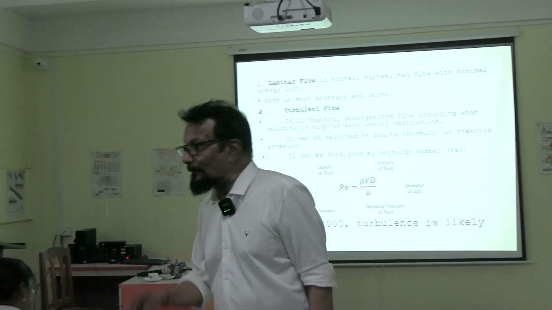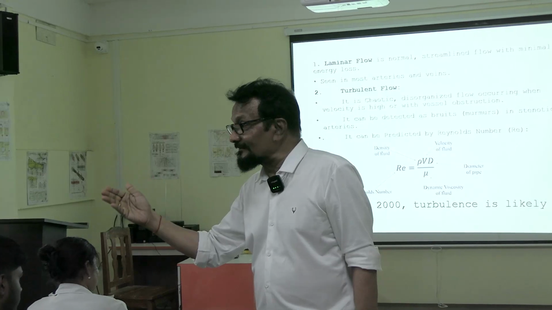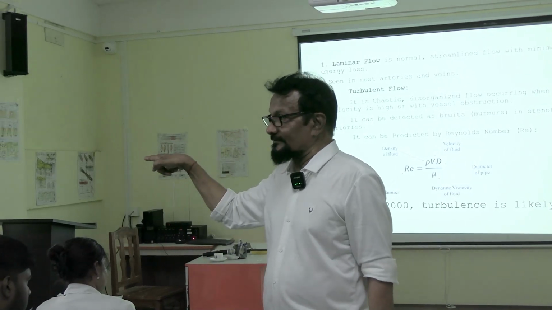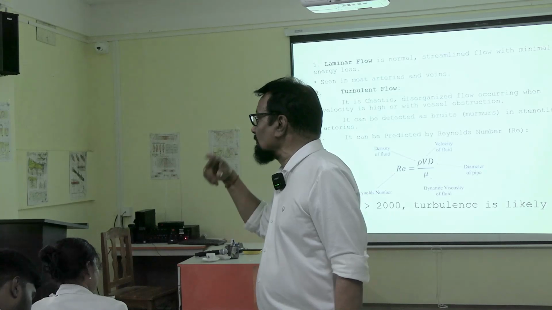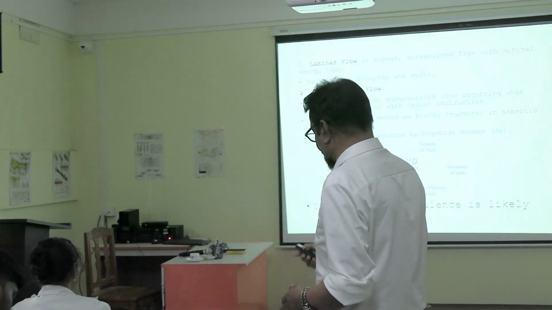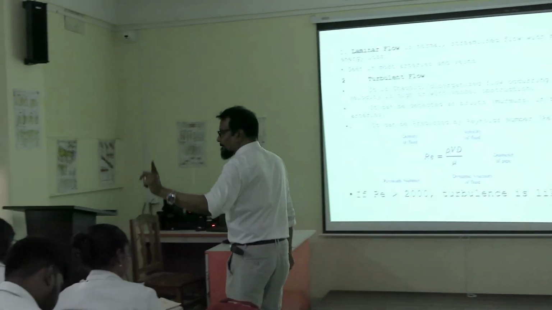And if the number is more than 2000, there is a chance of turbulence. The flow may cause turbulence. So how can you determine whether blood flow will be turbulent or laminar? Reynolds number less than 2000, laminar; more than 2000, turbulent.